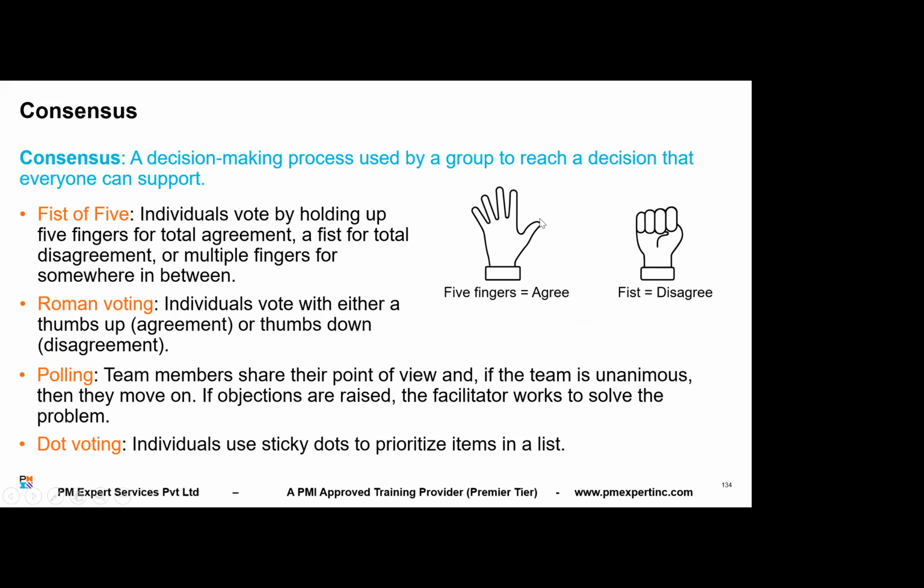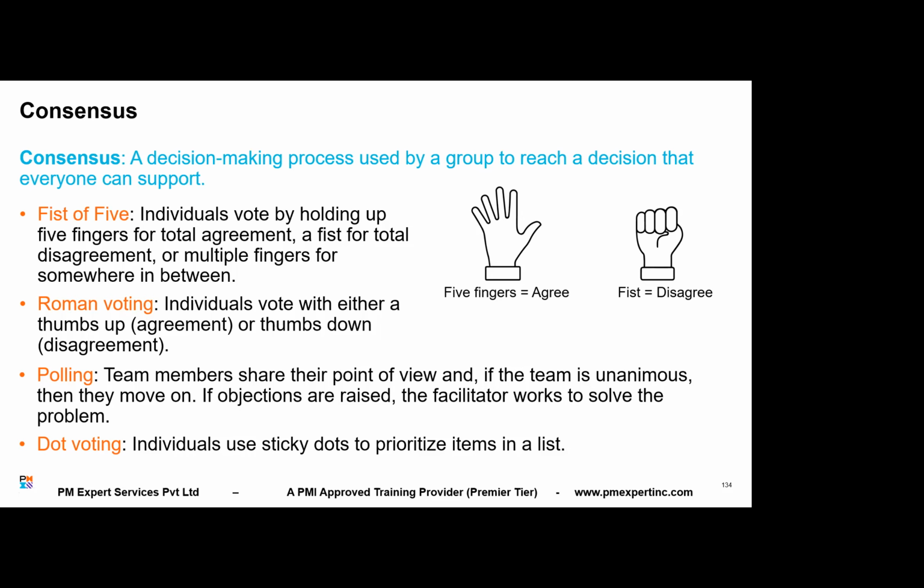Each finger can count towards a vote, right? So suppose the average of our voting is 3 or above, we will take the requirement. If it is below, we will not take the requirement, right? Is that okay? So this is fist of 5. Are you following it, Mohit?